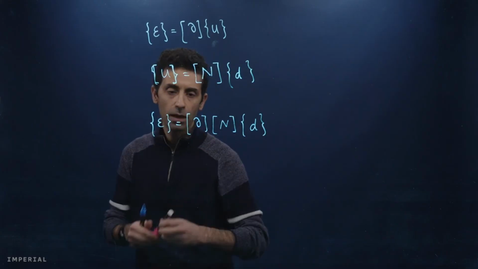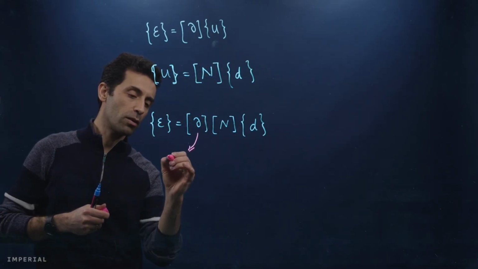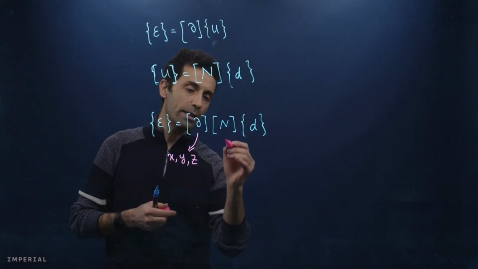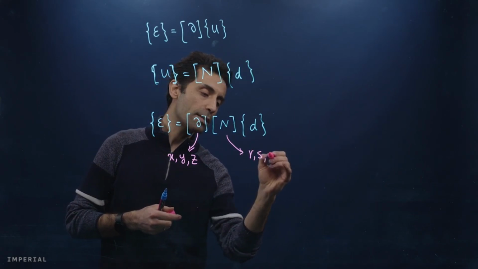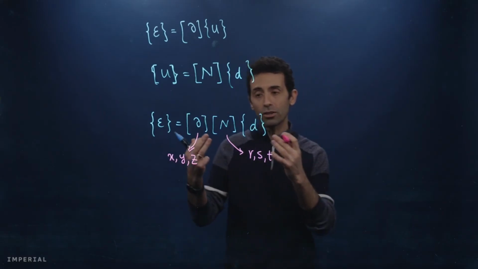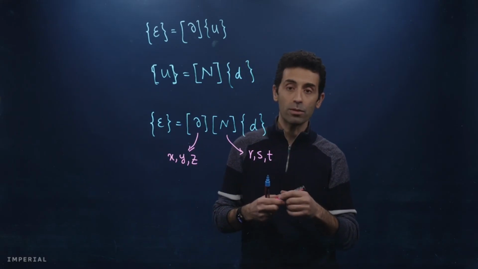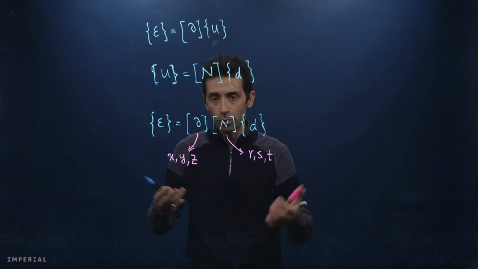So let me highlight it here. So these ones are functions of x, y, and z. And these ones are with respect to r, s, and t. So they are in two different coordinate systems. So we cannot directly apply these derivatives to n's. We have to do something. We need to use the so-called, well, you know about that.